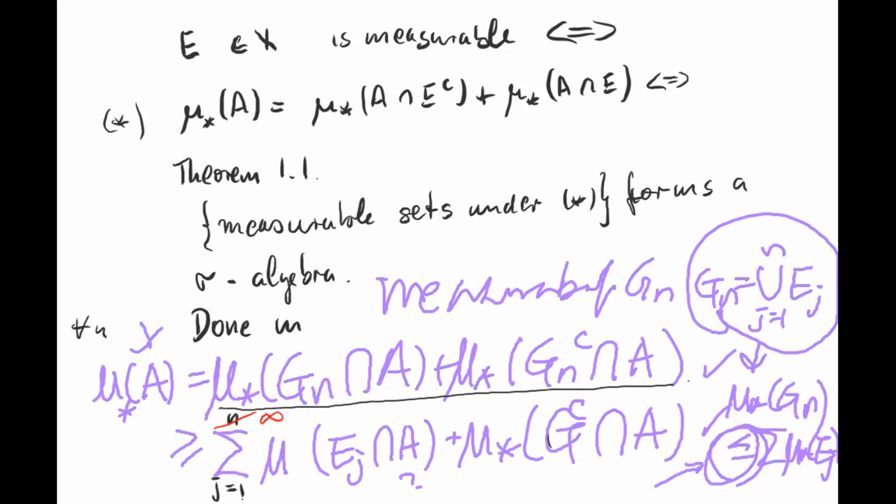Yeah, it ends up being equal because if you look at the Carathéodory measurability definition, it says mu star of A is equal to mu star of A intersected E plus mu star of A intersected E complement.